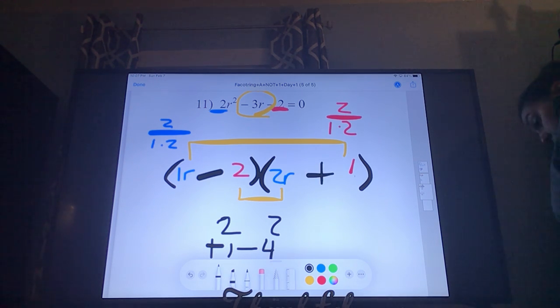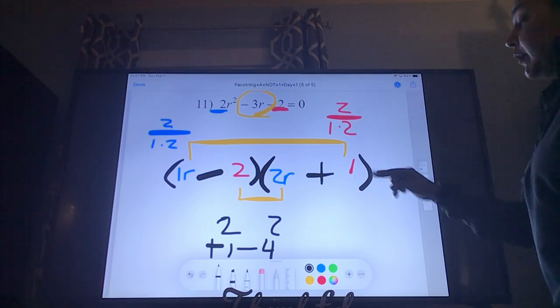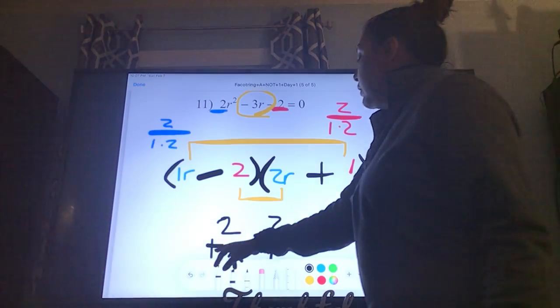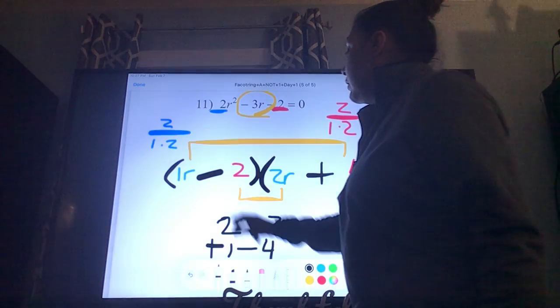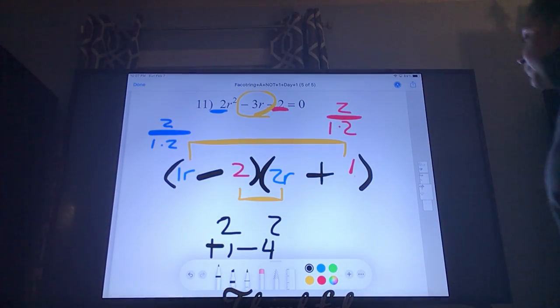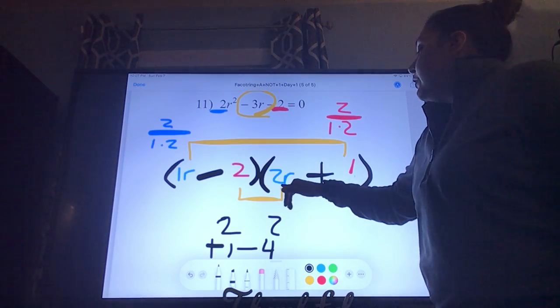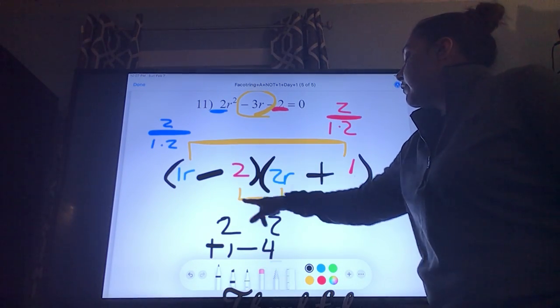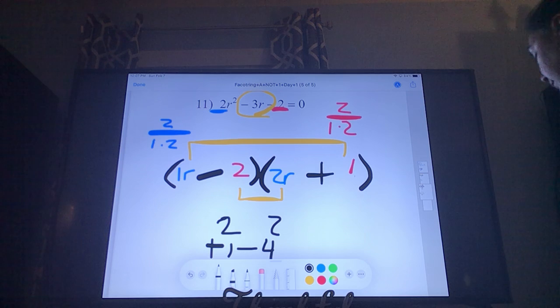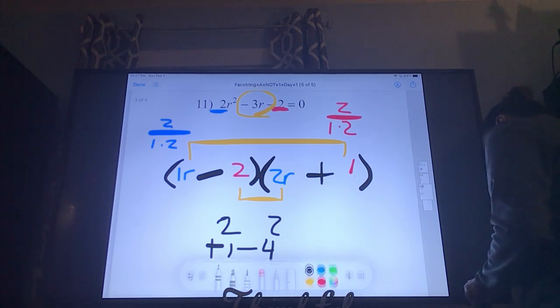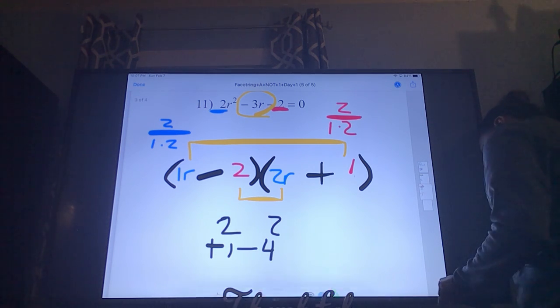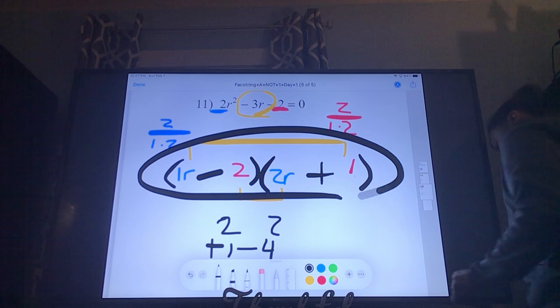Nope, I did it backwards. You flip-flop them. Okay? So we wrote this one first, it's got to go in that one, and then this one goes in that one. And that's because you would have negative 2 times 2 gives us negative 4, okay, for the inners. Okay, and so this is our answer.